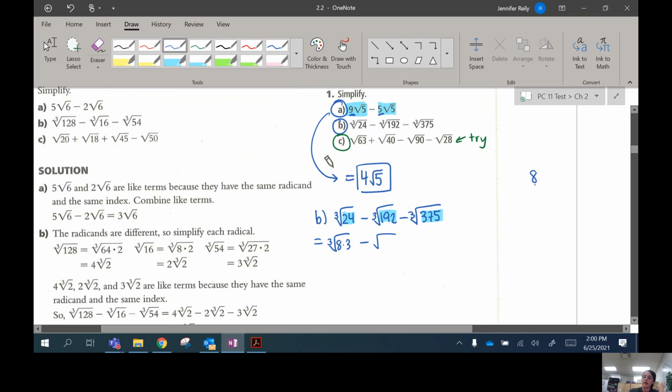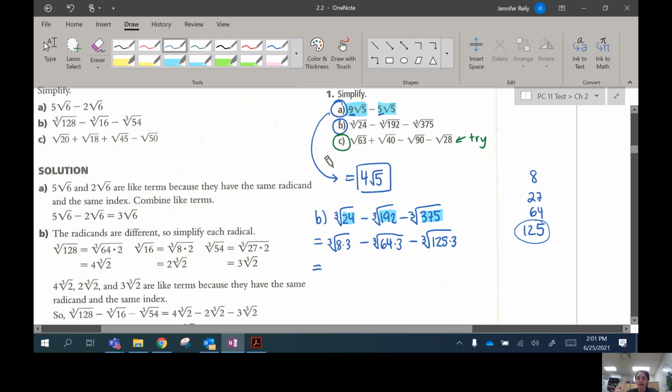So some common cubes are 8, 27, 64, 125. And just divide them and see if they go evenly. So 192 can be divided by 64. So you want to break it up into 64 times 3. And 375 can be divided by 125. So we break it into 125 times 3.